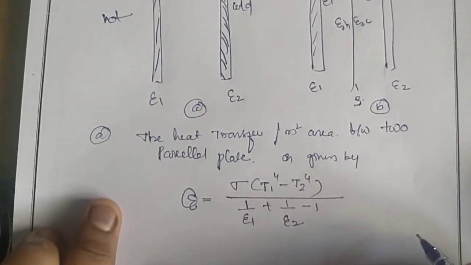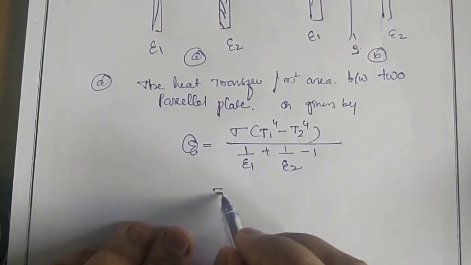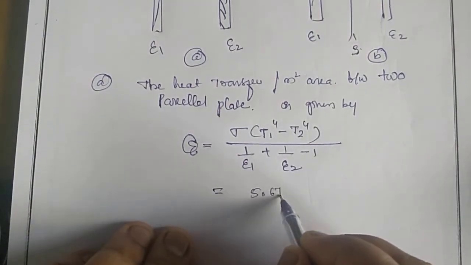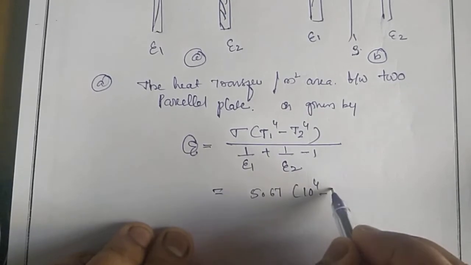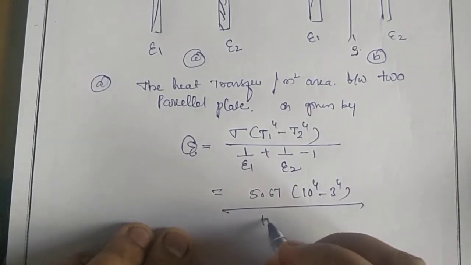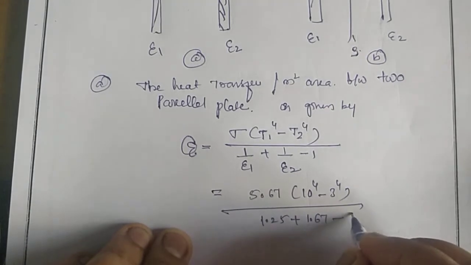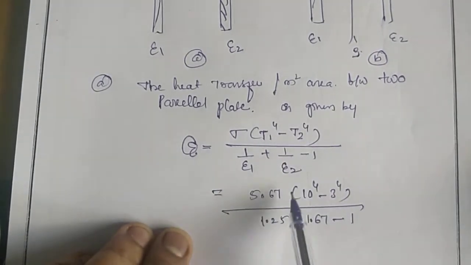Now you have to substitute the values: 5.67 and so on, divided by 1.25 plus 1.67 minus 1.